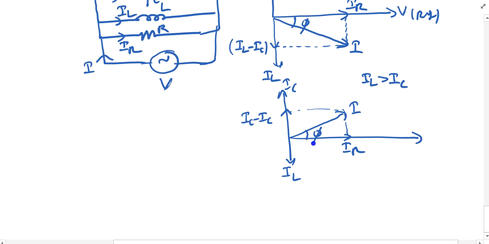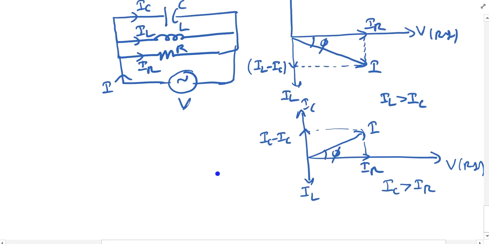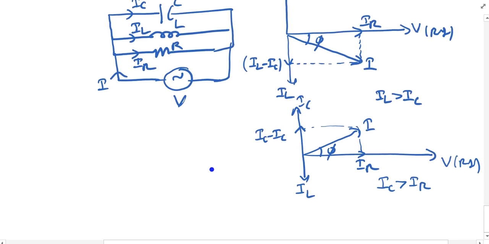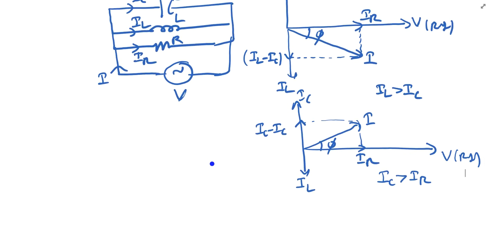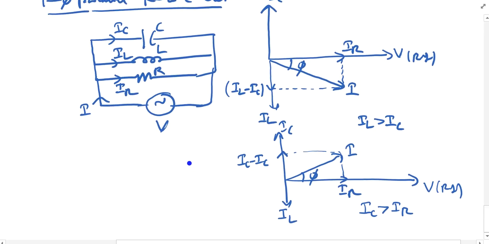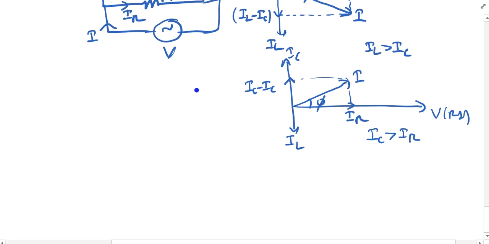This is the phi, where IC is greater than IL. Here the voltage is the reference. We have already done this kind of analysis for a series RLC circuit. Similar analysis, but a little different here. You can go through this equation and come to know how we are drawing this equation and the phasor diagrams.